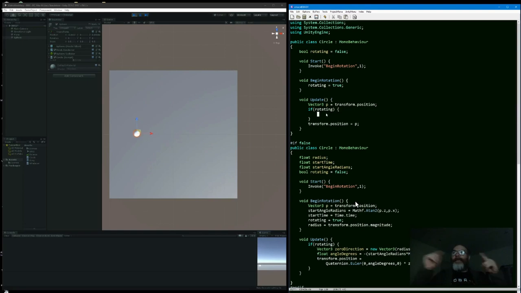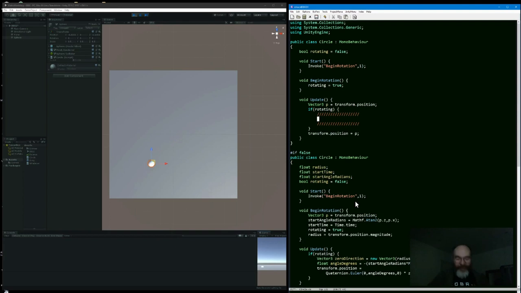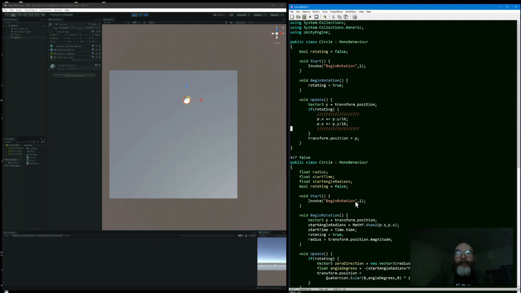This is the mathy bit in here. This is the bit that does the actual work. So we do p.x plus equal p.y divided by 16. p.y minus equal p.x divided by 16.